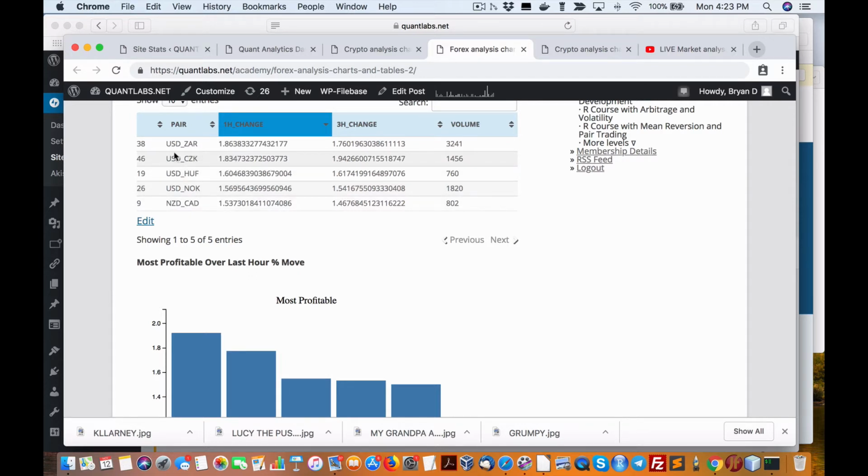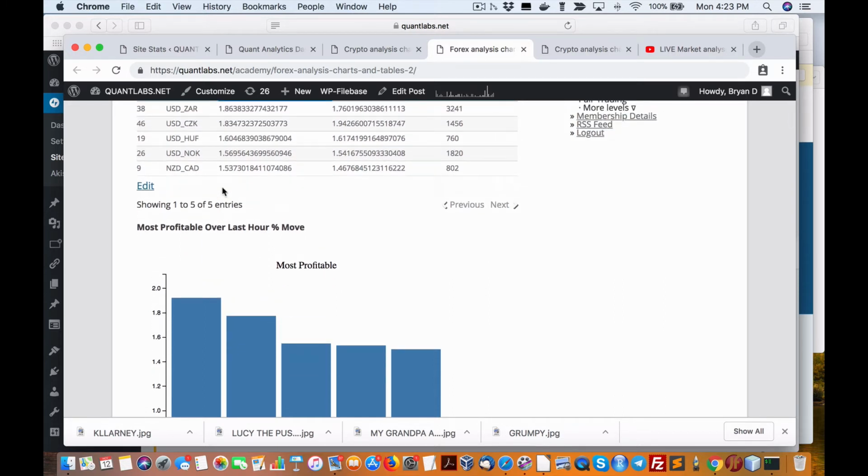So again, we have our usual movers of ZAR, the South African Rand, the Czech, Hungarian, the Norwegian. This one's an interesting one where I wonder, is that a defensive play in the world of Forex for capital to move into this pair?